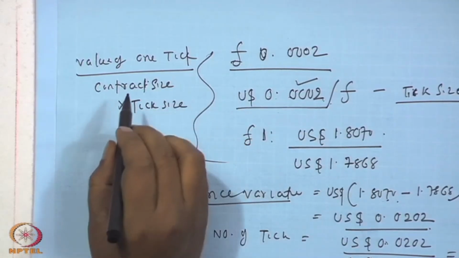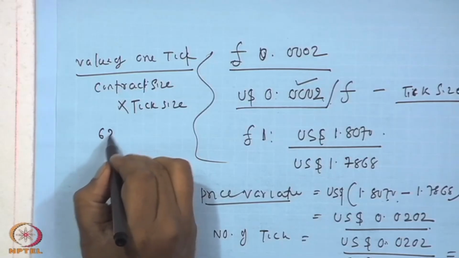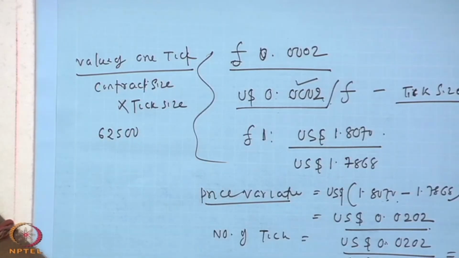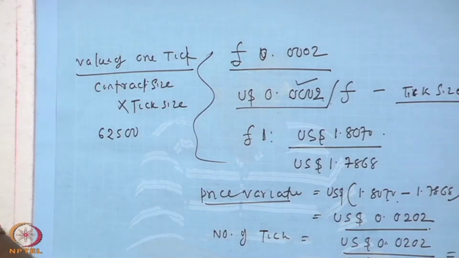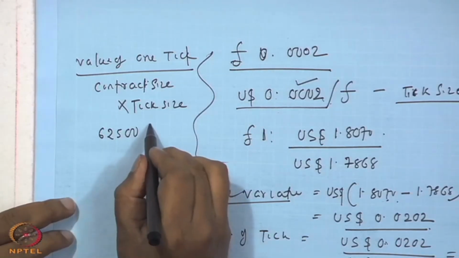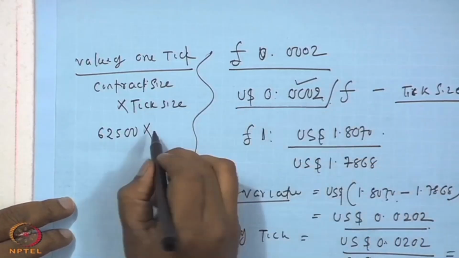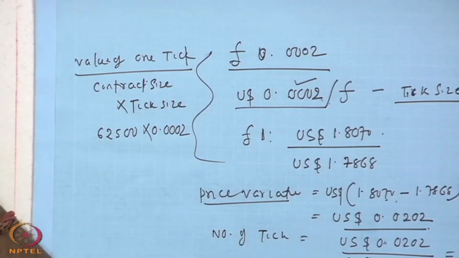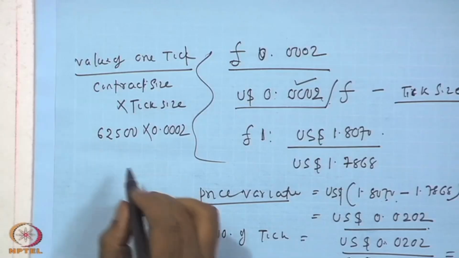In case of pound sterling, the contract size is 62500 and the tick size in US dollar is 0.0002.